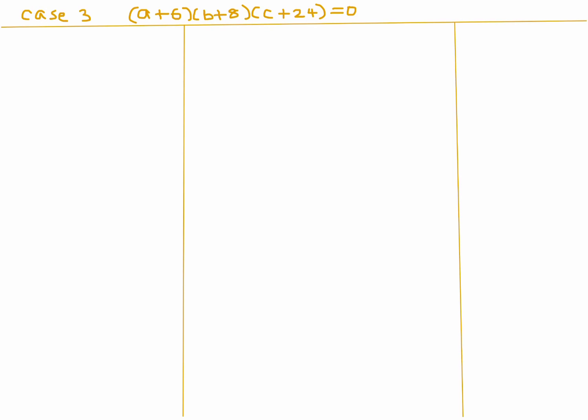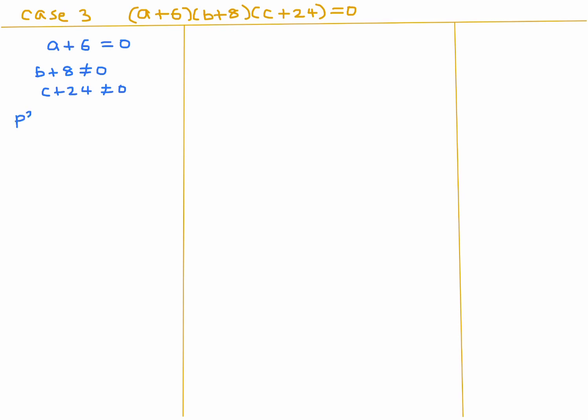So the first thing is if only one of these is equal to 0. For example, I'm going to just let a plus 6 equal 0. And then that means b plus 8 is not equal to 0, and c plus 24 is not equal to 0.